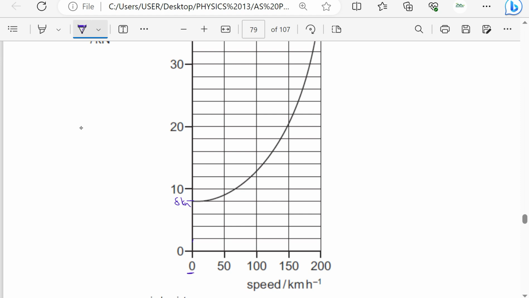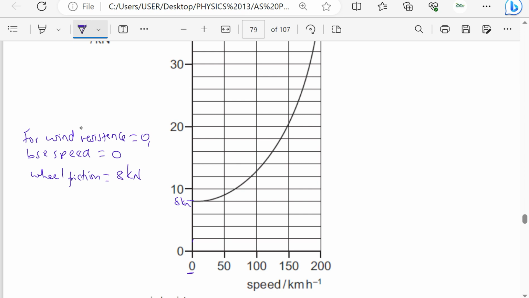So when the wind resistance equals 0 because the speed equals 0, the wheel friction from the graph is 8 kilonewtons.